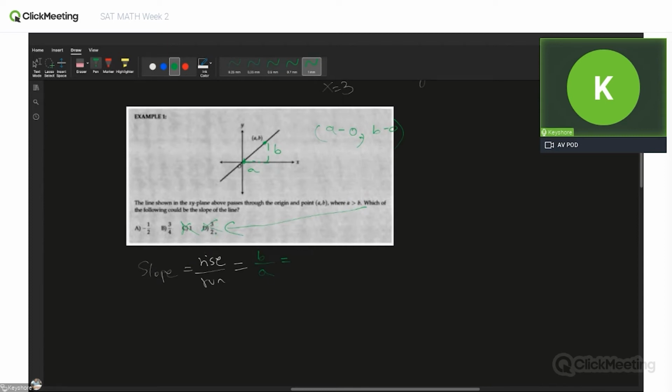So it can't be 1/2 because our slope, again, these are two positive numbers, so it can't be A. The only thing that's possible is B. This is less than 1, but it's also greater than 0. It can't be negative 1/2 because we have a positive change in x and a positive change in y. So does that make sense?